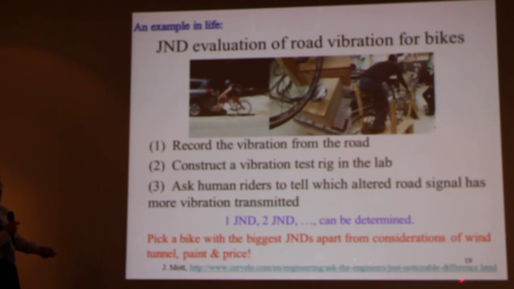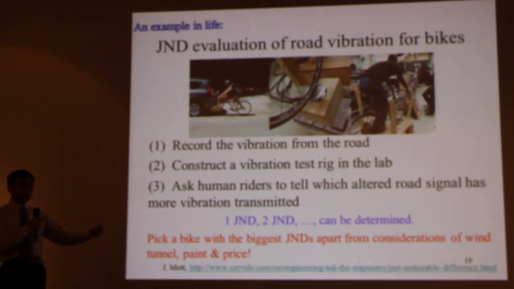This is an example. I just searched the internet and then put it here. Someone tested the JND for a bike in terms of road variation and vibration. Firstly, they recorded the vibration from the road condition, and then they constructed a simulation in the lab.